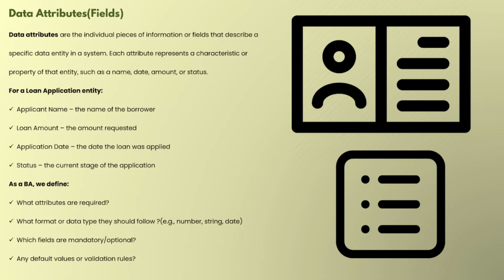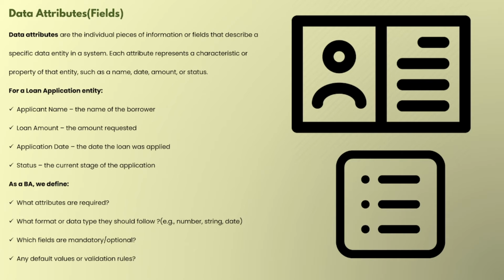Finally we check if any field should come with a default value, like today's date for the application date. If I start filling in the application, then the date when I start should automatically be punched on the application form. This is what we mean by default values.